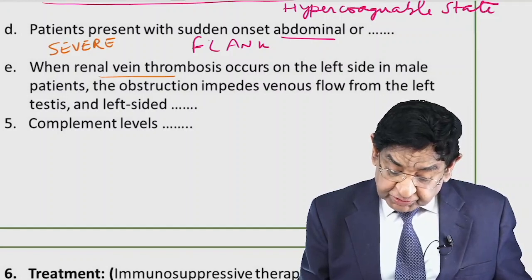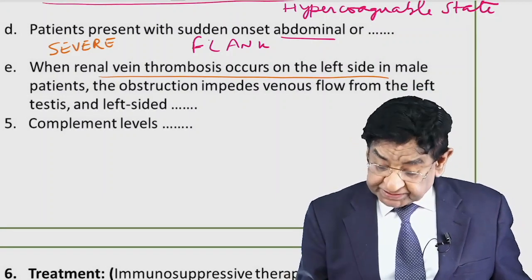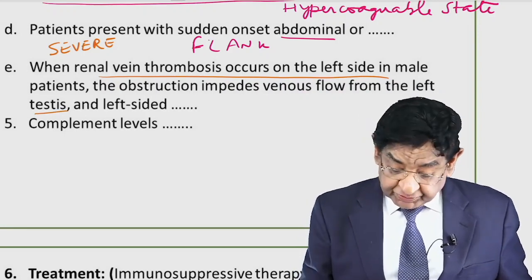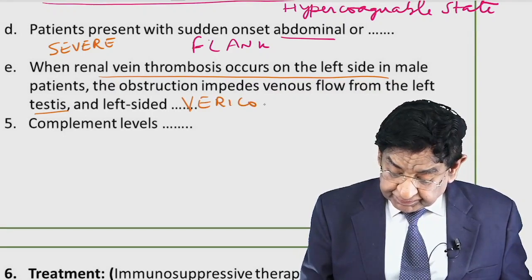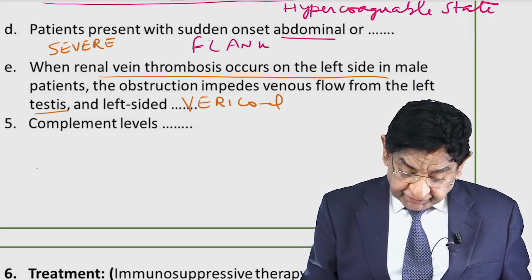When the renal vein thrombosis occurs on the left side, it impedes the venous flow from the left testis also, and that leads to left-sided varicocele. This needs to be understood. This is the left testicular vein.